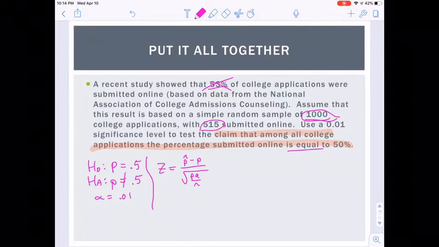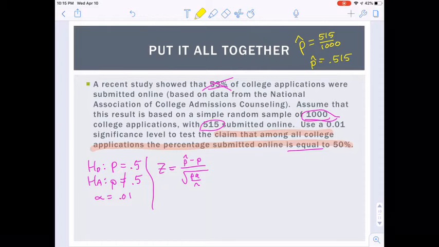So our p hat, I'm just going to write it up here where I've got some space. Our p hat's going to be 515 out of 1,000, which is more like 51.5%. Again, I'm not sure where that 53% came from for this problem. So p hat equals 0.515, and we're going to put that into the problem. 0.515 minus p, which is 0.5, over the square root of pq.